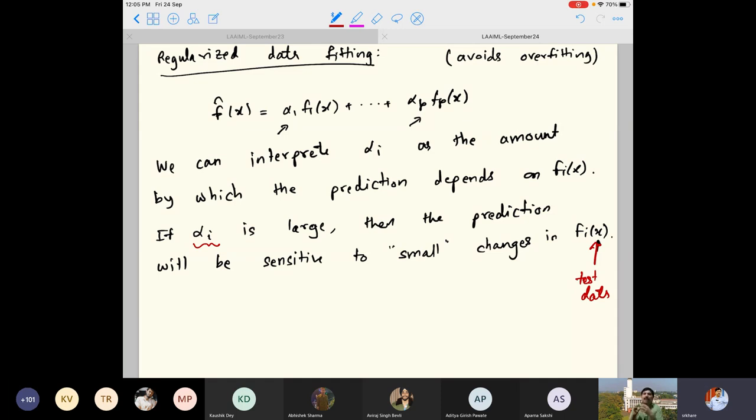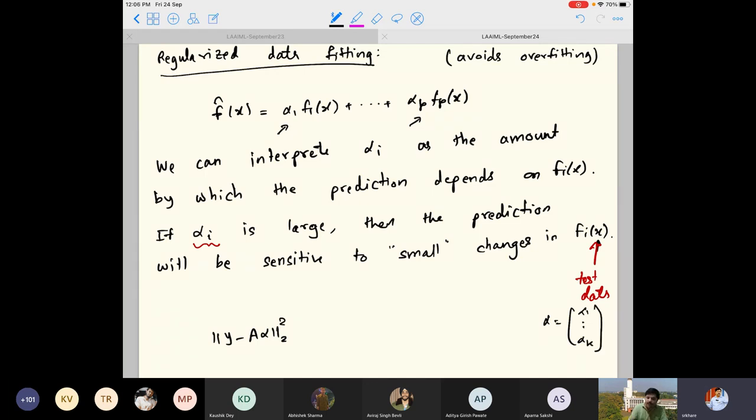So you can have an additional objective. First you want to fit the data, obviously, so you have your primary least squares objective function. What was that? It was the norm of y minus A alpha, where alpha is a vector of parameters, alpha 1 up to alpha k. That is your primary objective.